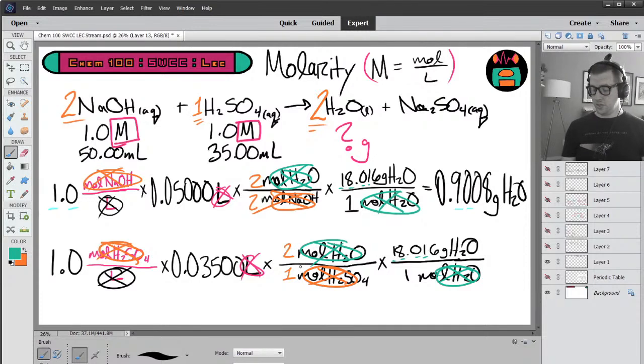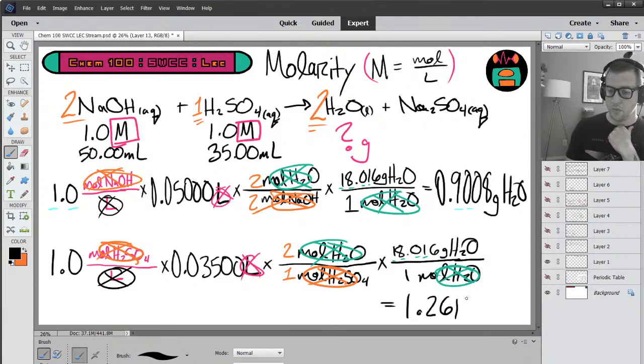Now let's crunch our numbers. 1 times 0.035 times 2 times 18.016 gives me a value of 1.26112. Sorry, that's not moles of water, that's grams of water.